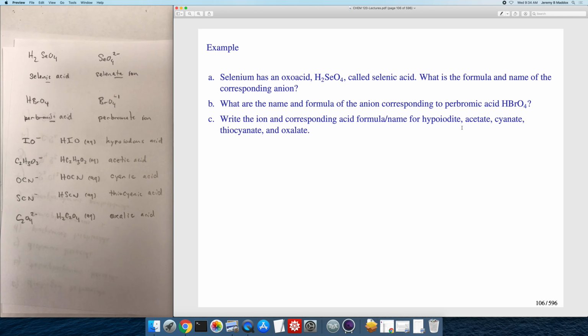So you need to have these common anions memorized, and then to construct the acid names, you need to be able to add a sufficient number of protons to make the species neutral, and then you need to be familiar with your ate to ic, ite to ous name conversions.